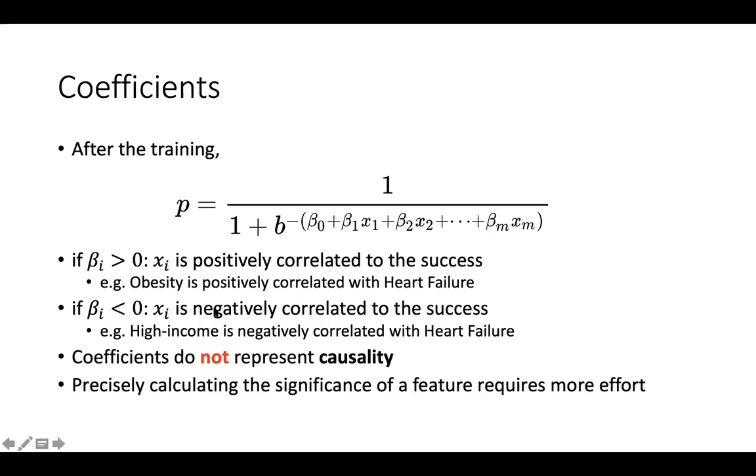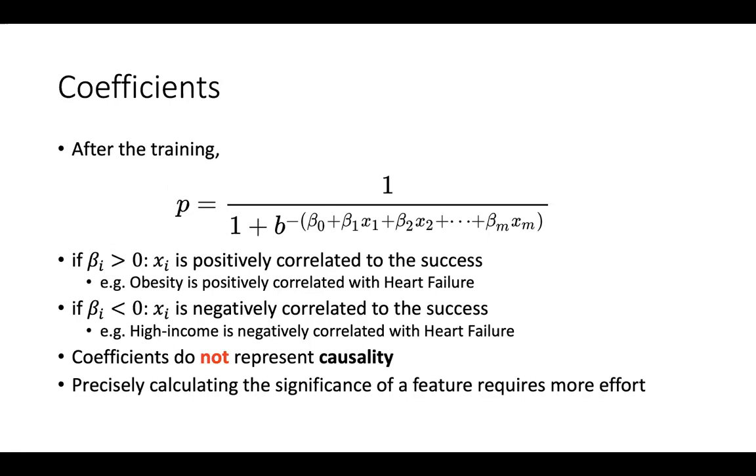So one thing about logistic regression is that after you've trained your coefficients or your weights, the thetas, in this case the betas, then you can simply infer or study the relationship between individual features and the final outcome.